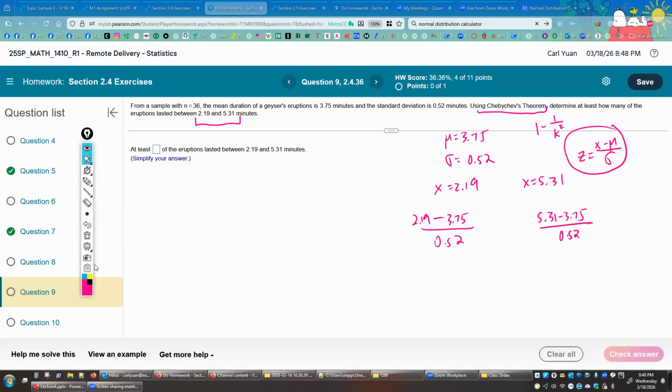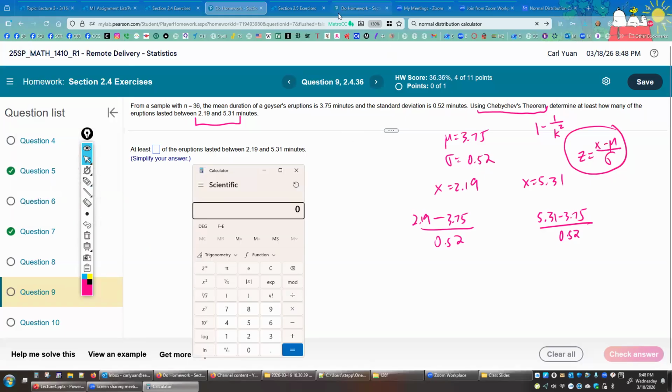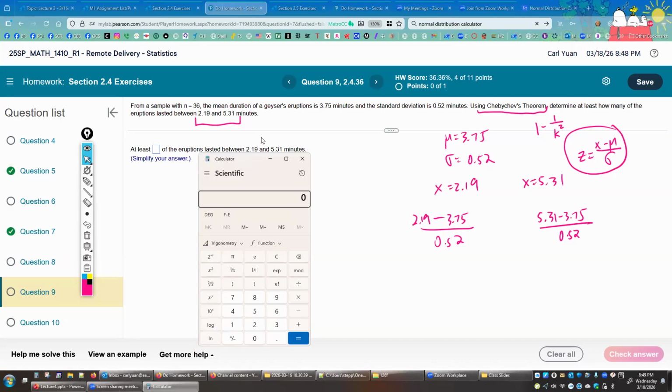So let's plug those numbers into a calculator, a normal calculator, and see what we get. Let's see if I can share the calculator. There you go. All right, so I'm going to plug those numbers in. 2.19 minus 3.75 divided by 0.52 is negative 3.